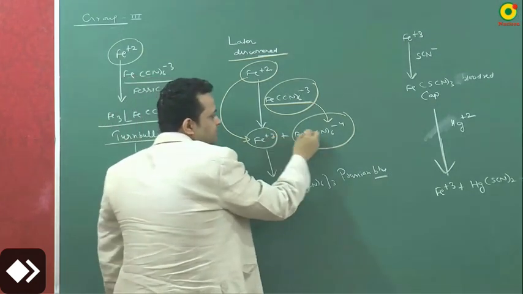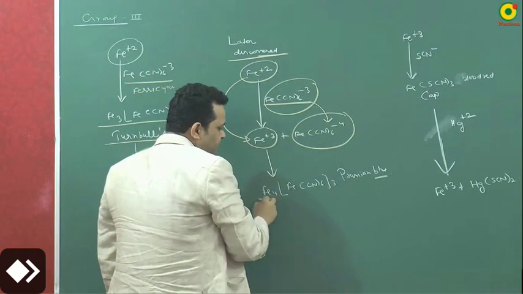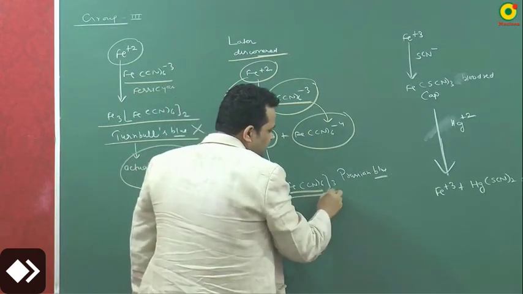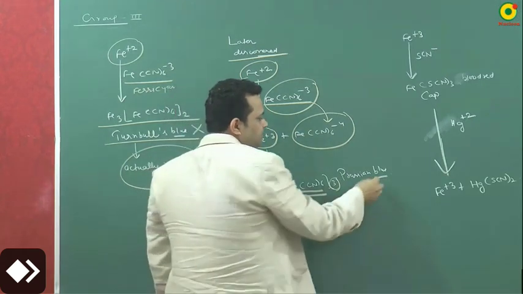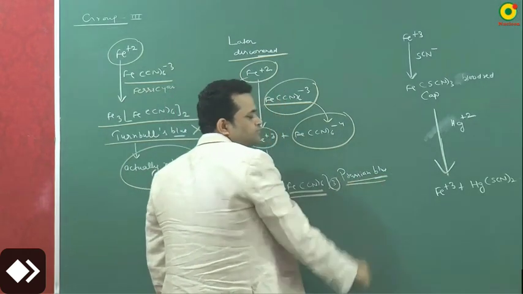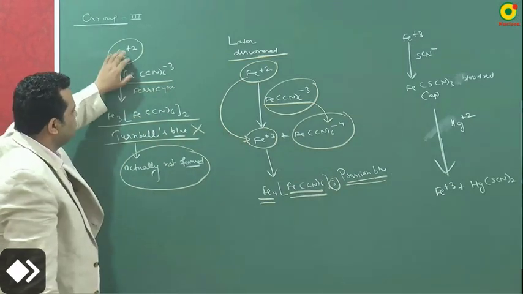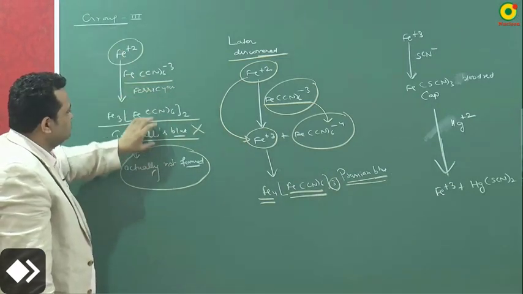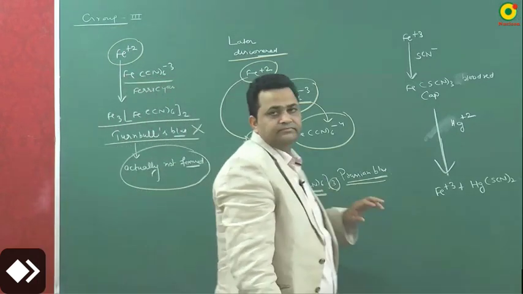And if we combine these two ions, then charge is cross multiplied, and the compound formed is Fe4[Fe(CN)6]3. And the compound is named Prussian blue. So we can say that after the reaction of Fe+2 with ferricyanide, Turnbull's blue is not found. Instead of it, Prussian blue is formed.